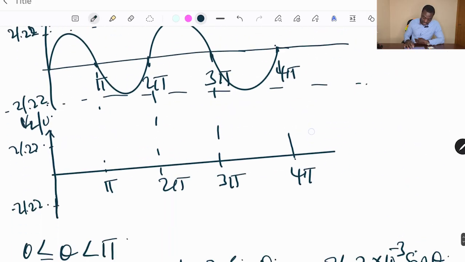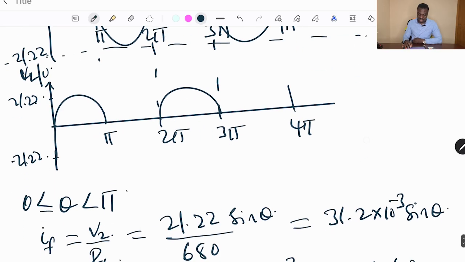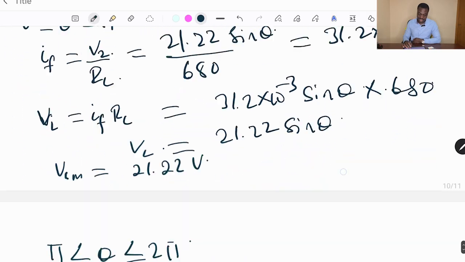So we can see here we just have this one alternation, and this part will be 0. Then this one will be the same, as it's also a positive alternation, so there will be forward biasing. Then the last one will also be 0. So we get this for 2 cycles.